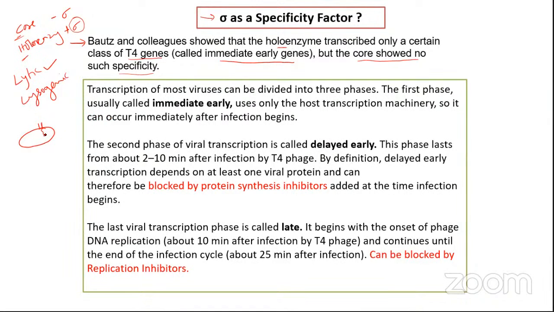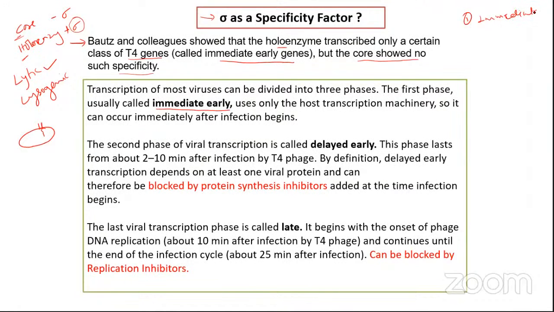Whenever the viral DNA gets inside, there are 3 types of viral genes that are transcribed. The first to get transcribed are referred to as immediate early genes.